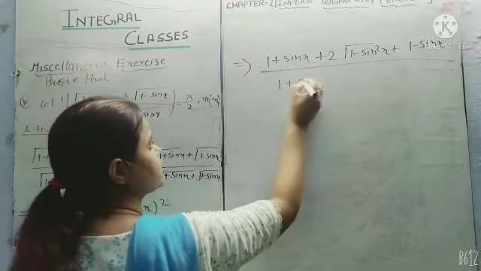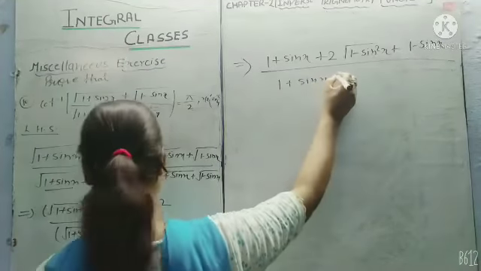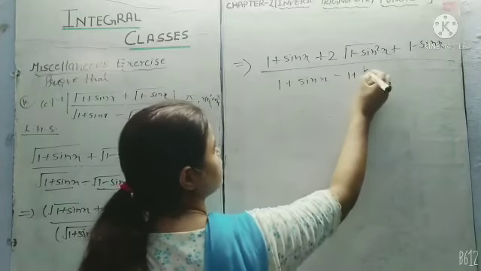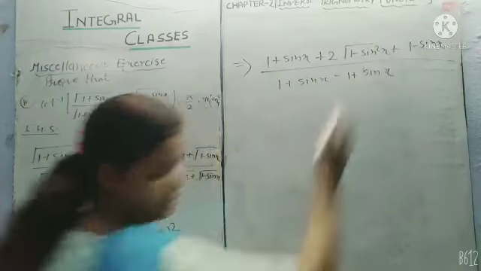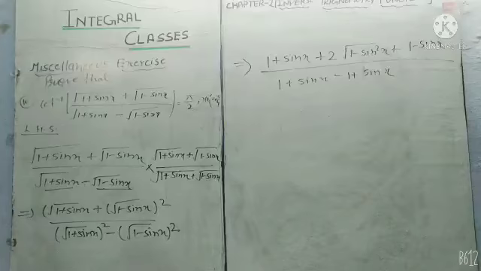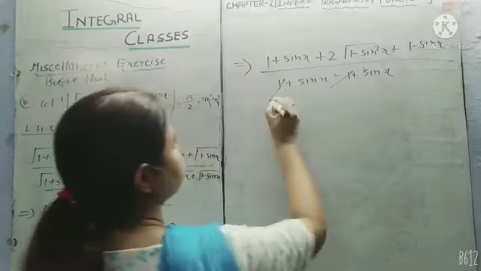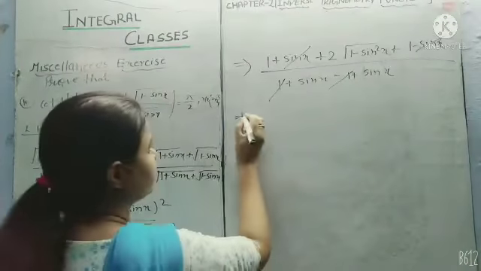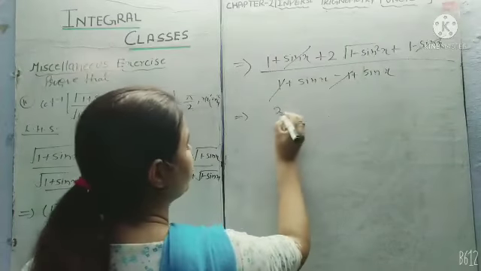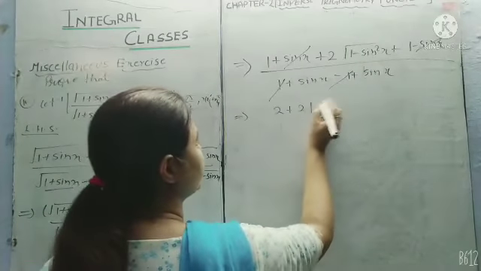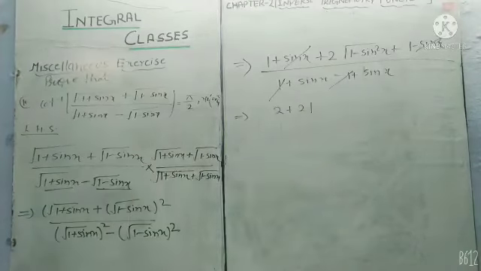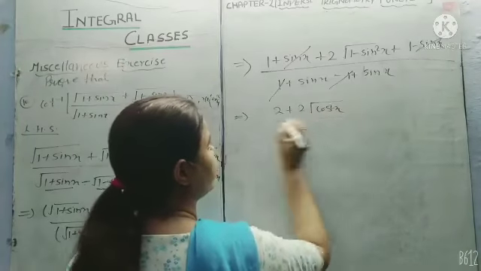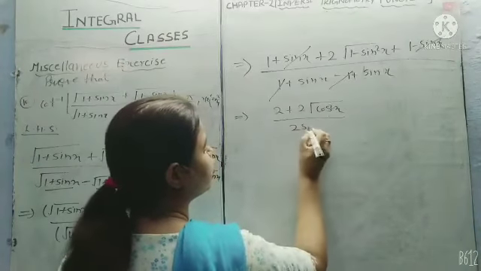Open 1 plus sin x minus 1 minus, it becomes plus sin x. Okay, now these terms are cancelled. Then we will get 2 plus 2 root 1 minus sin square x, which is equal to cos square x, we know that. Upon 2 sin x.